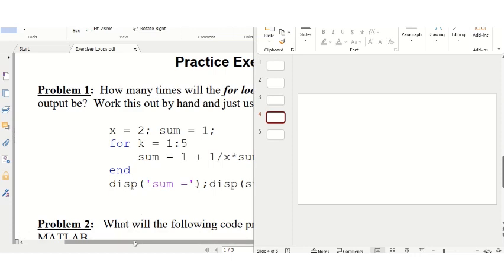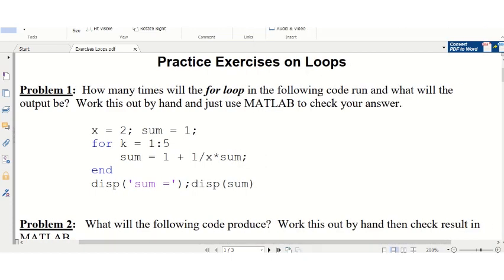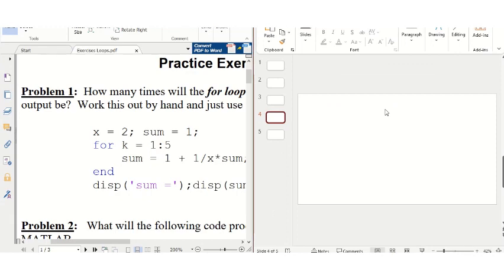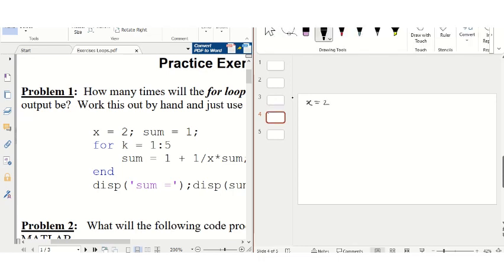This is the problem, right? x is equal to 2, sum is equal to 1.